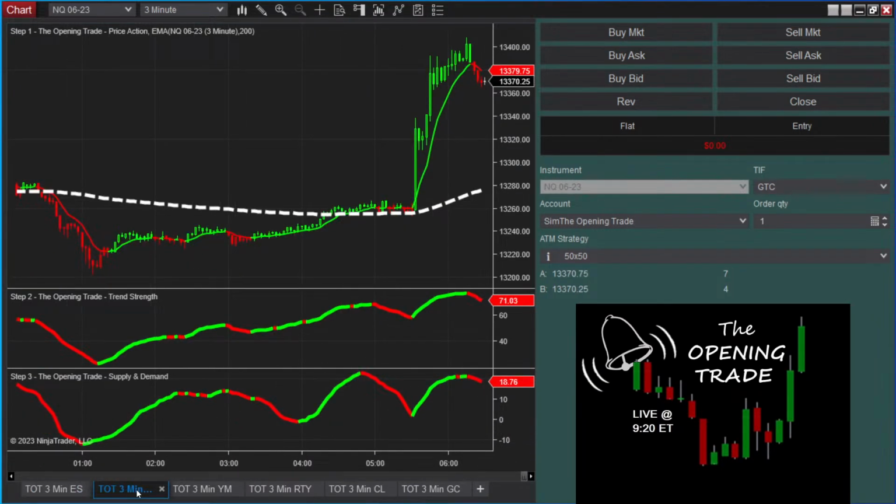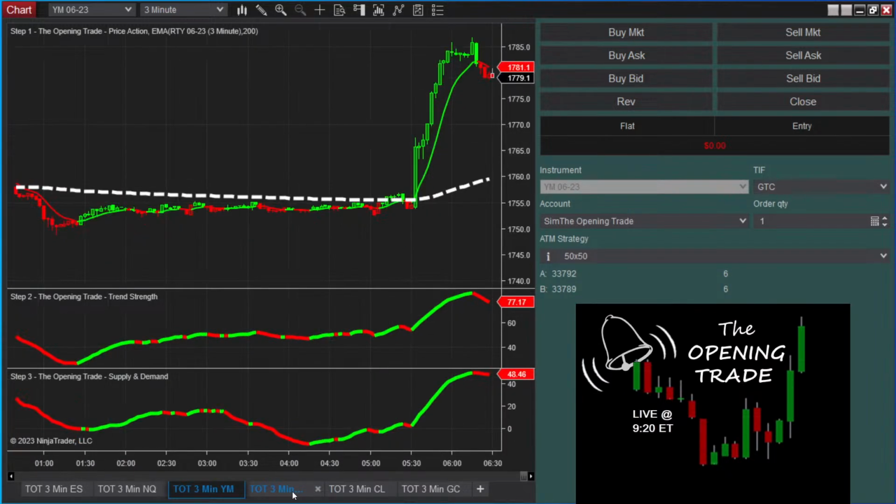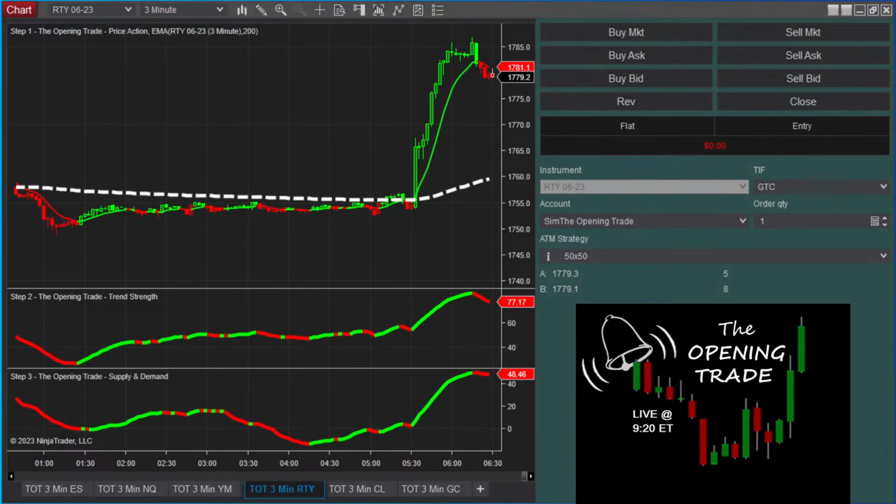The S&P, the NASDAQ, the Dow, and the Russell are all set up, if I enable my strategies, that is. Now they're all set up to fire off an automated trade if the automated trade indicator is met for each chart.